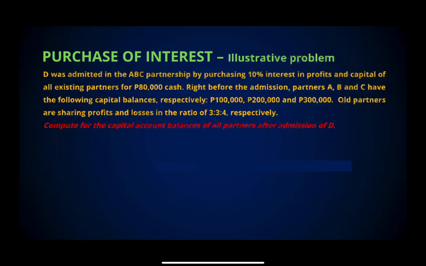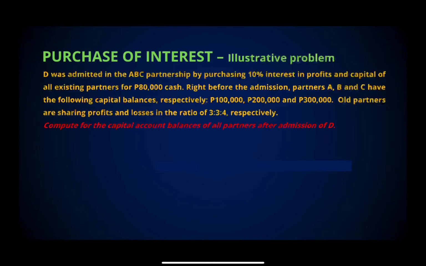Right before the admission, partners A, B, and C have the following capital balances respectively: 100,000, 200,000, and 300,000 pesos. All partners are sharing profits and losses in the ratio of 3:3:4 respectively. Question: compute for the capital account balances of all partners after admission of D.